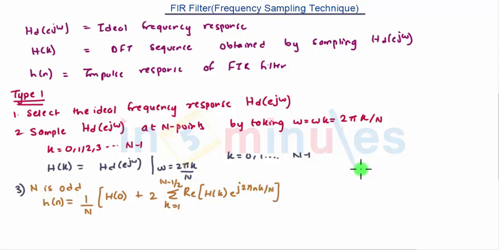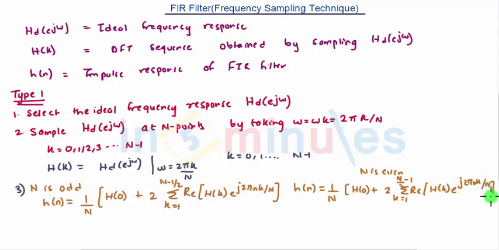And the second condition, that is N is even, h(n) would be given as 1/N [H(0) + 2 summation k equal to 1 to (N/2 minus 1) real part of H(k) e^(j2πnk/N)].